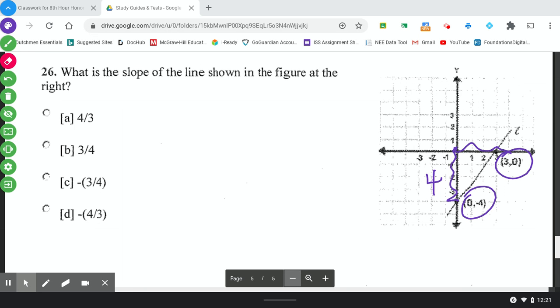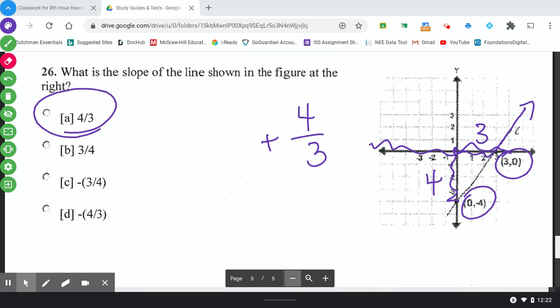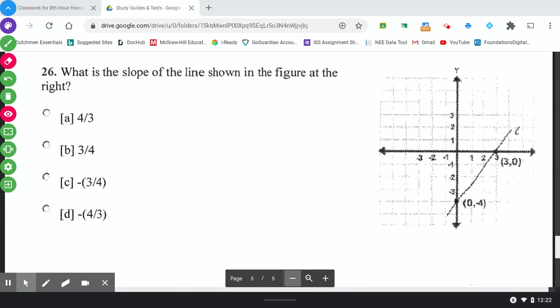So the change here is 4 and the change here is 3. So the rise is 4 and the run is 3. And as you go across here, when you come to the line, you go up to continue on. So it is a positive 4/3. So the slope of that line is a positive 4/3, which is letter A. Yay! All right, 27.